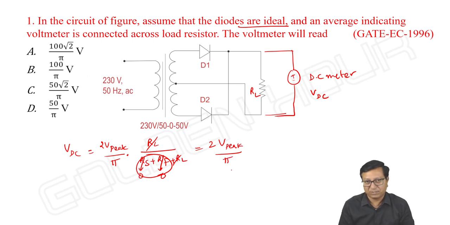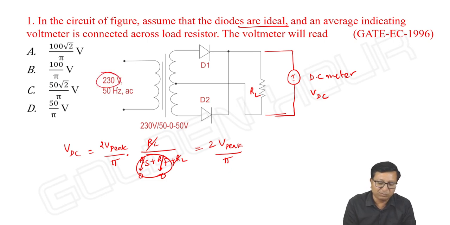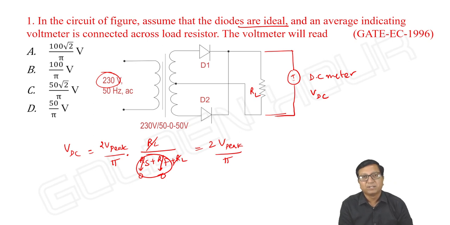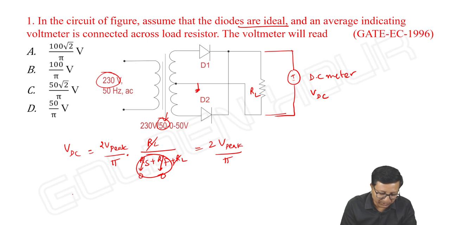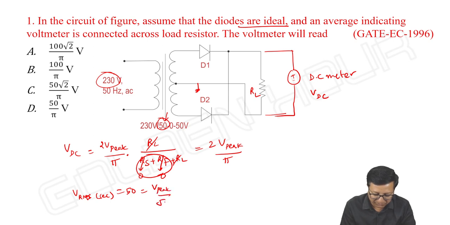So what is the peak amplitude of the input voltage? Here in the problem, 230 volts is the RMS value of the voltage across the primary winding. And 50 is the RMS value of the voltage across the secondary winding, strictly speaking, from one end of the secondary winding to the center tap. So VRMS secondary is 50, which is also peak amplitude by root 2.